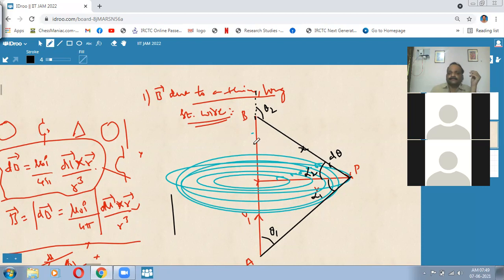So here we have considered a small element of length dl which subtends an arbitrary angle theta, and this is d theta. Angle d theta equals arc length by radius, and this is x.